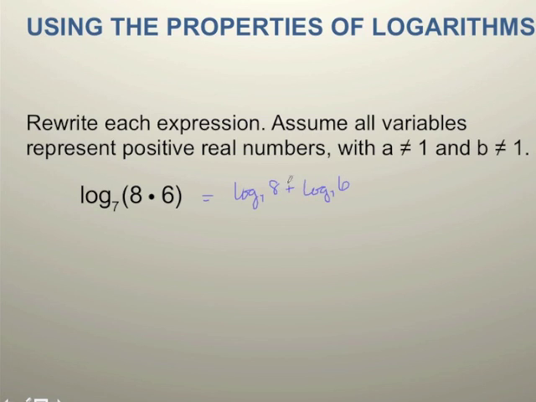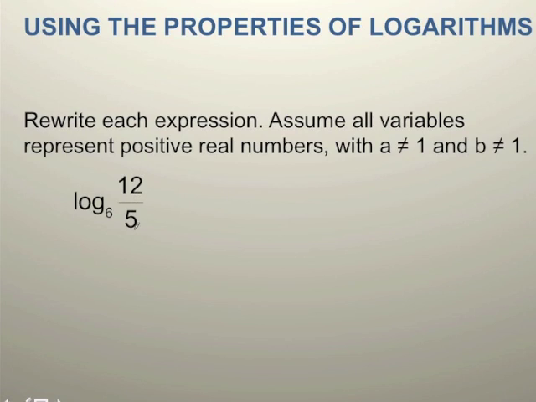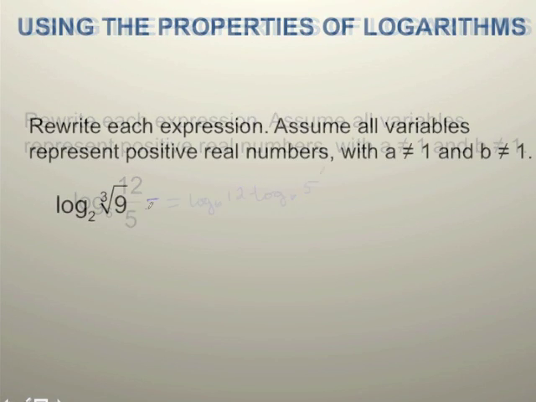Since this is a product, we change it to adding the two separate logarithms. This is a division, and when you're dividing with exponents, remember you subtract them. So this equals log base 6 of 12 minus log base 6 of 5.